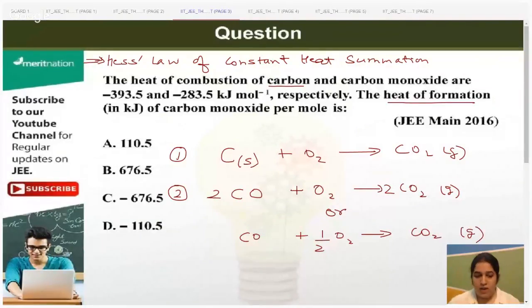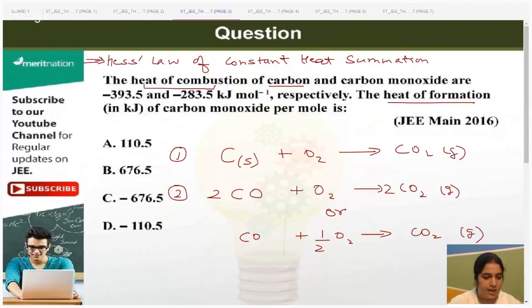Now, which of the two reactions do we need to consider to answer the question? Pay attention. This is heat of combustion. Remember, there are different kinds of enthalpies depending upon the reaction which is taking place. For heat of combustion we need to fix 1 mole of the substance that is getting combusted.